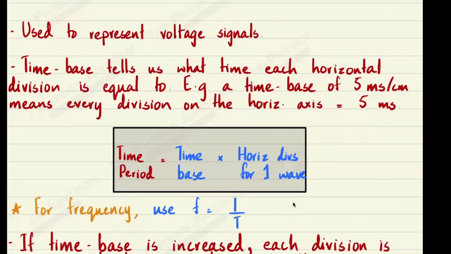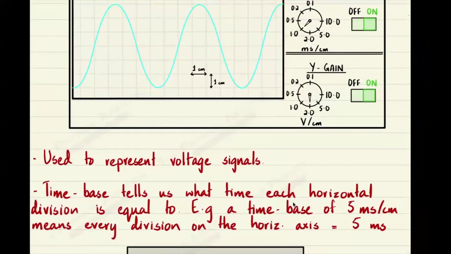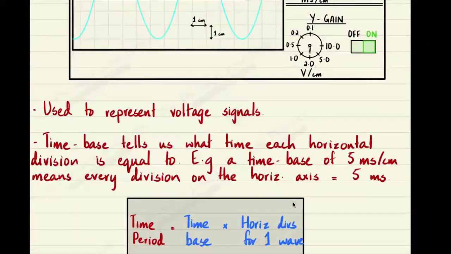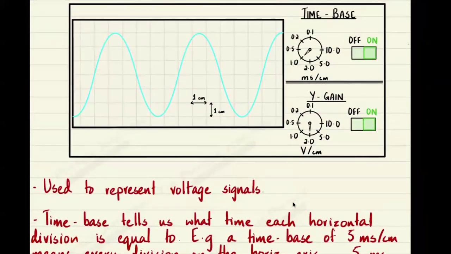Now what would happen if the time base is increased? So if I basically work this dial up to higher and higher settings, what would happen then? So as you can see, in this case, for example, the time period would turn out to be 30 milliseconds, right?